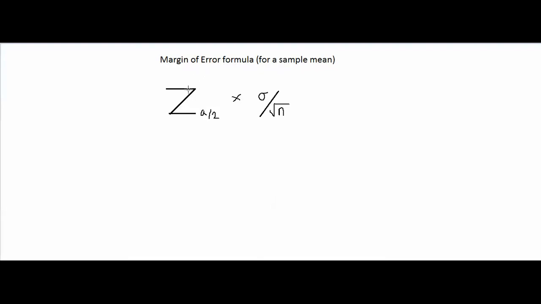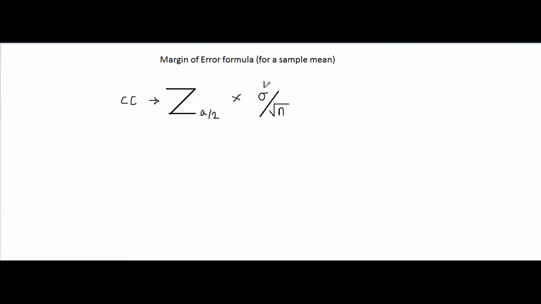I wanted to start off by explaining what these symbols stand for. This letter Z right here is called the confidence coefficient. It's looked up in a table, and I'll show you what table you have to go to look it up.